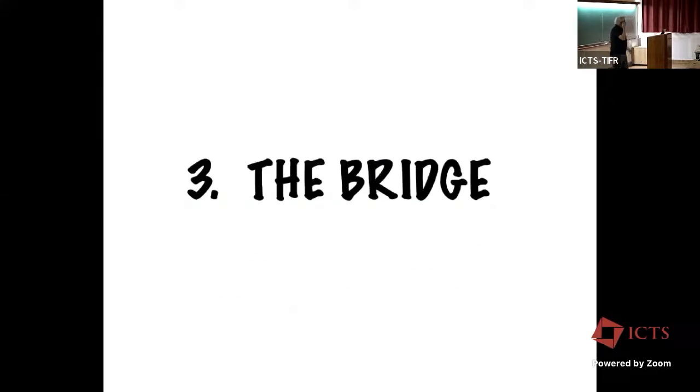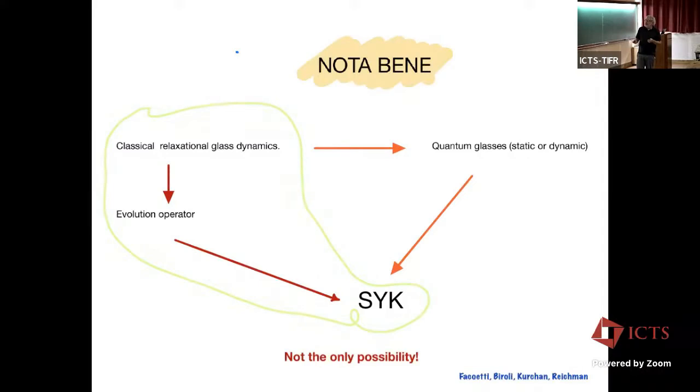So now we want to make a bridge because, although the technical steps seem connected, how can we connect the two things better? Of course, we are not going to get a theory of gravity inside a glass, but how can we make these two things be together? I will start with classical relaxational glass dynamics.